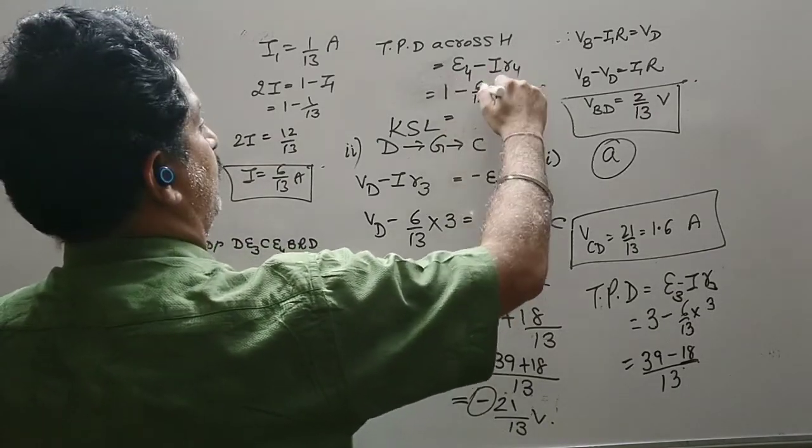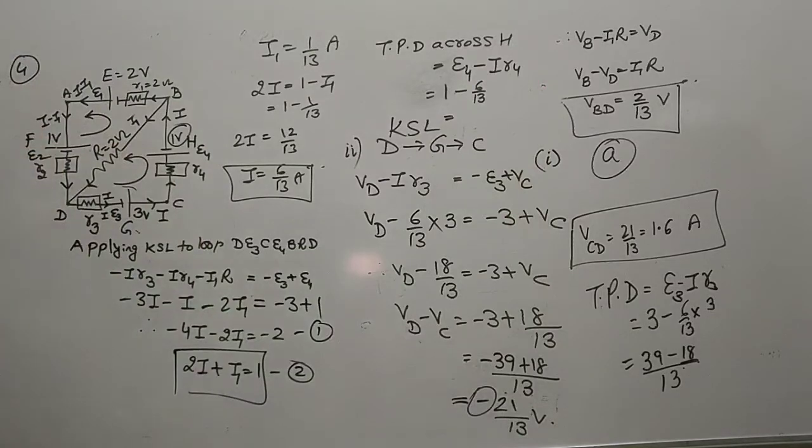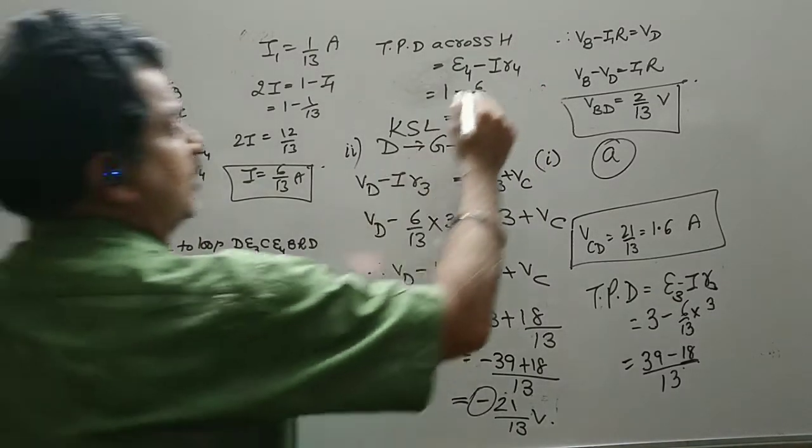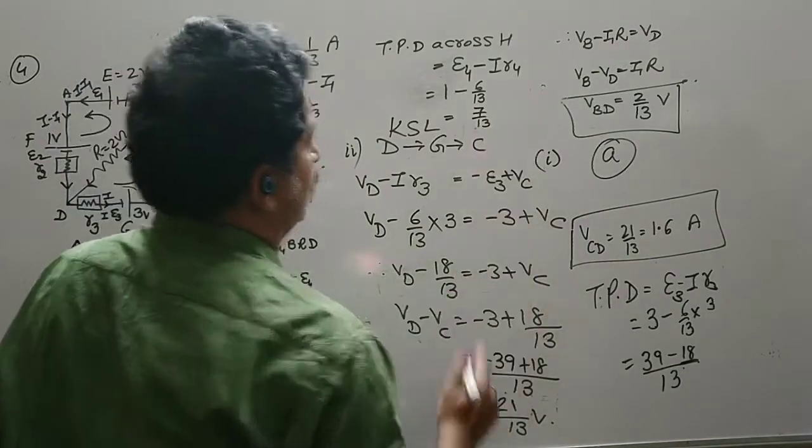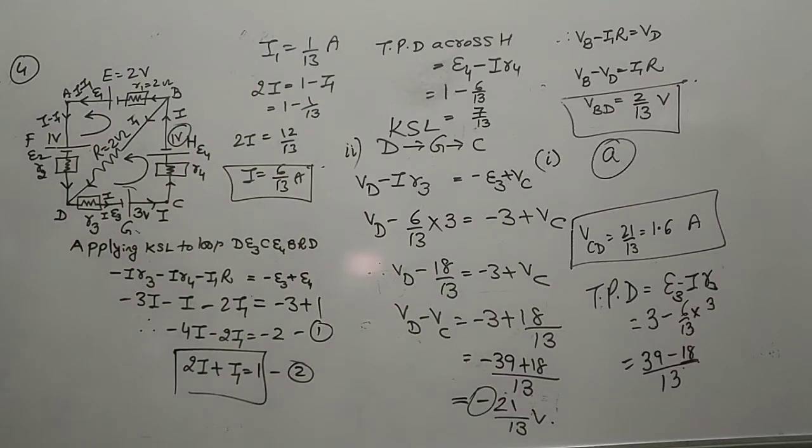So it becomes 13 minus 6, 7 by 13. So the terminal potential difference across H will be equal to 7 upon 13.